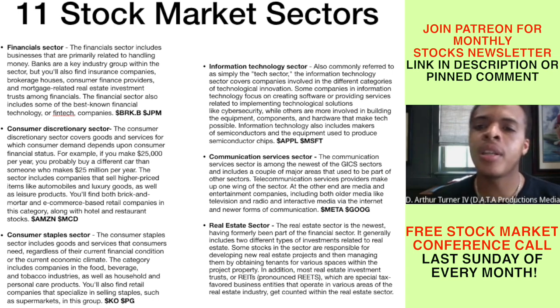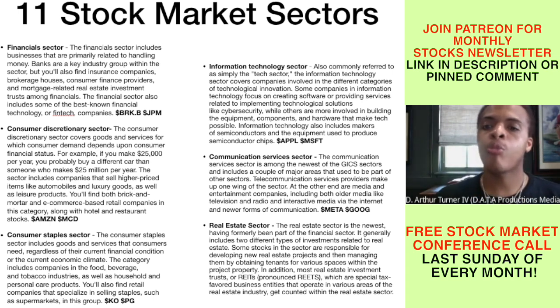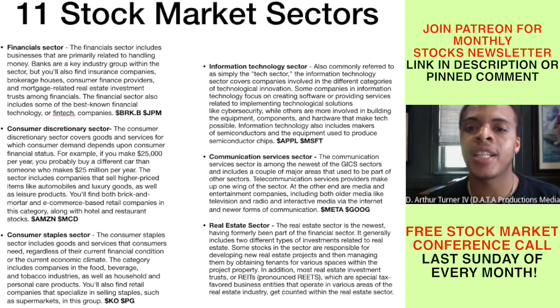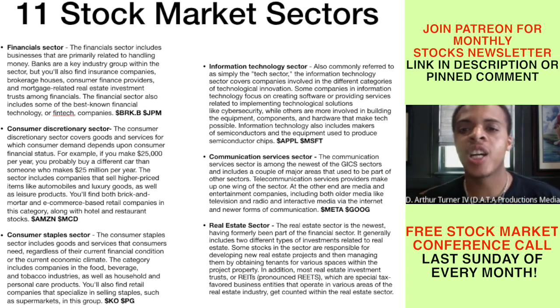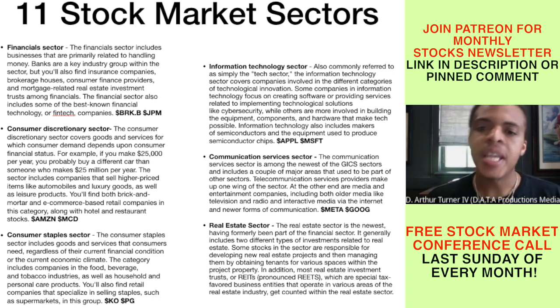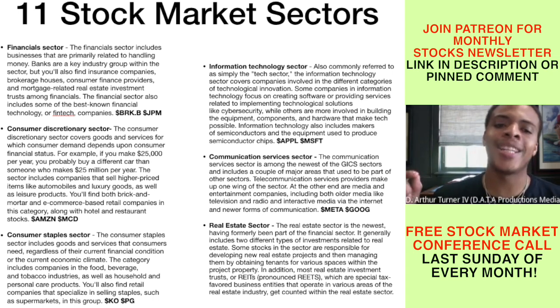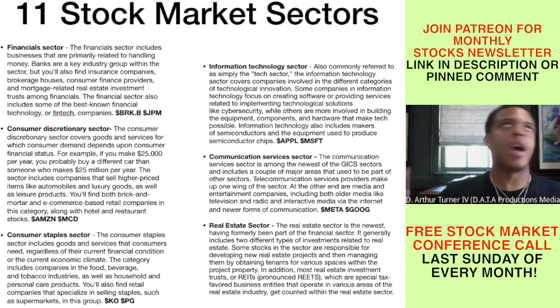Some companies in information technology focus on creating software, or providing services related to implementing technological solutions like cybersecurity, while others are more involved in building the equipment, components, and hardware that make tech possible. Information technology also includes makers of semiconductors and the equipment used to produce semiconductor chips. You have Apple, Microsoft, you have Nvidia now.